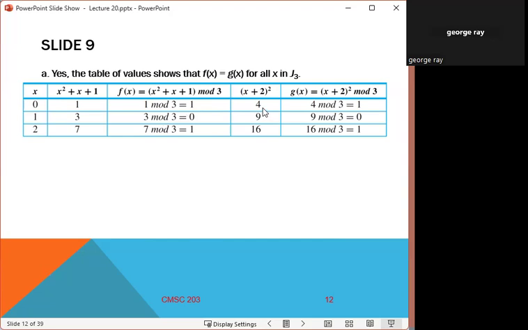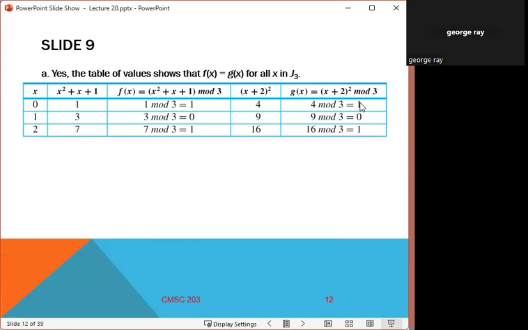Let's look at g. So x plus 2 squared: 0 plus 2 squared is 4, 1 plus 2 squared is 9, and so on, and we get 4, 9, and 16 as our intermediate values in g, and then we do the modulo 3 on those values, and we get 4 modulo 3 is 1, 9 modulo 3 is 0, and 16 modulo 3 is 1.